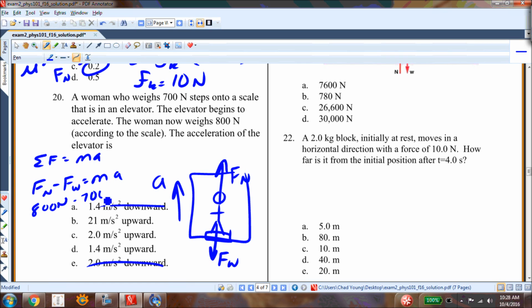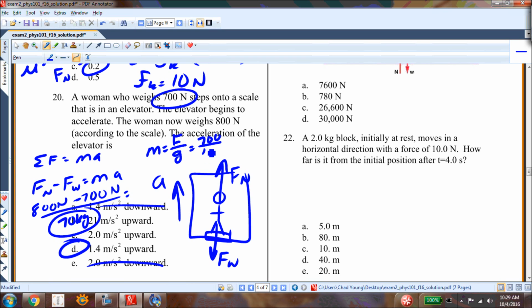Fw is 700 newtons, divided by the mass, which is 70 kilograms. So that's 100 divided by 70, which is 1.4 meters per second squared upward. Let me show you where I got this mass. She weighs 700 newtons, so the mass is F over g, which is 700 over 10, which is 70 kilograms.